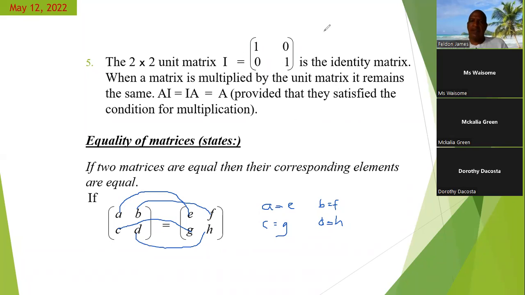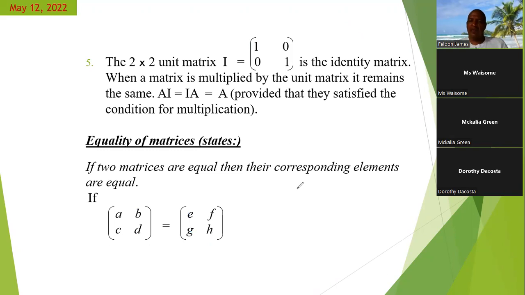Okay, all right. So that's something to note, that if two matrices are equal, once you have an equal sign in between them, it means that you can equate their corresponding elements because they should be the same. If they are not the same, it would mean that the two matrices are not equal.